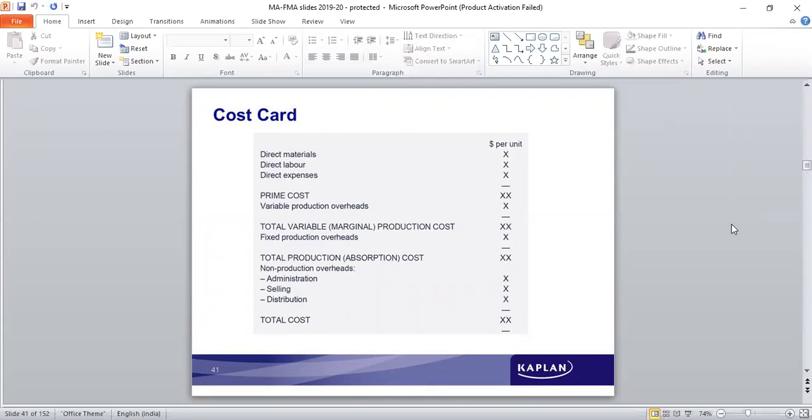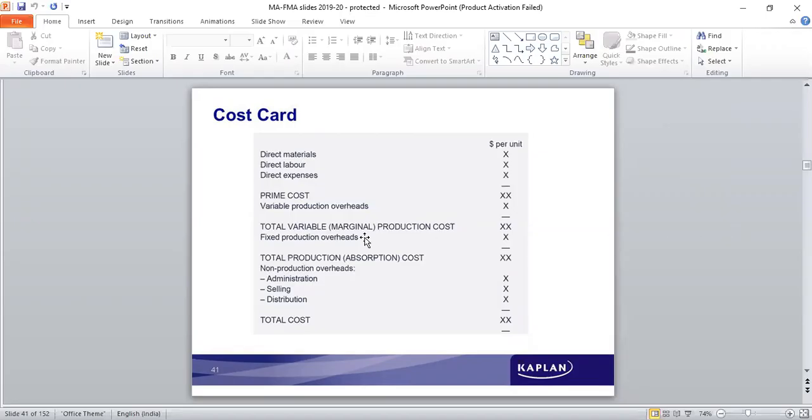All the products which are produced are using the electricity costs. Depending on the usage of electricity or power, the number of units of power consumed, the total cost of power will be divided and distributed. Then we see administration, selling and distribution also. Similarly, we have a list of items.